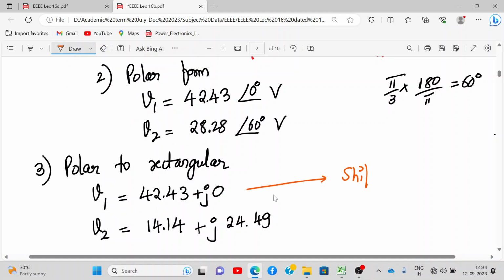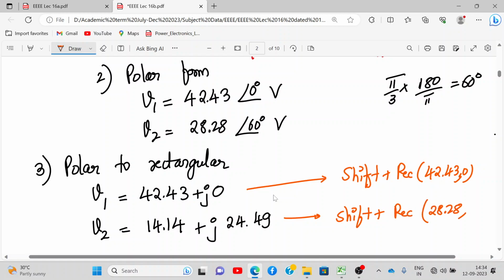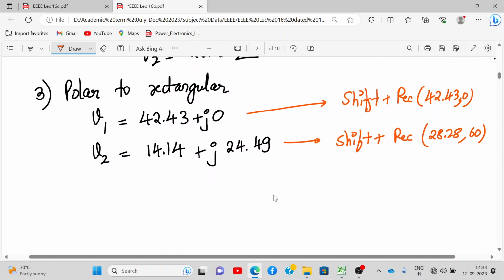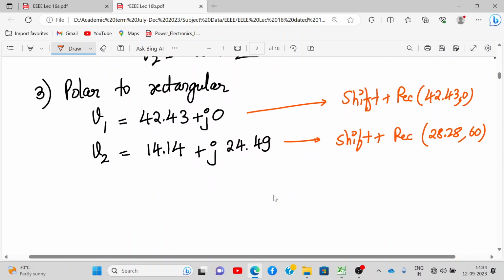Shift plus rect, 42.43 comma 0, and this will be shift plus rect 28.28 comma 60. Did you get this answer? Yes. Please check. Okay. Now can we add them and subtract them? Yes.